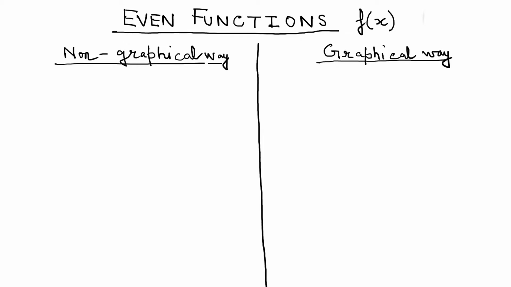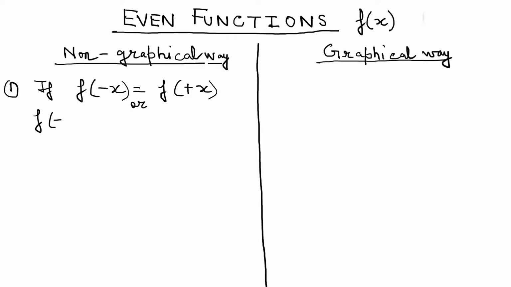Okay, so point number one: if we say that f of minus x is equal to f of plus x, or we say that f of minus x added to f of plus x. I hope you are aware of what minus x and plus x are.